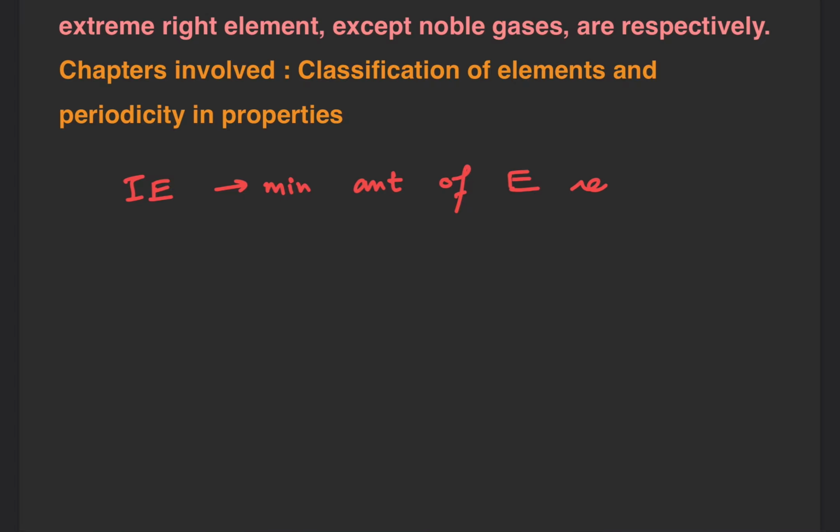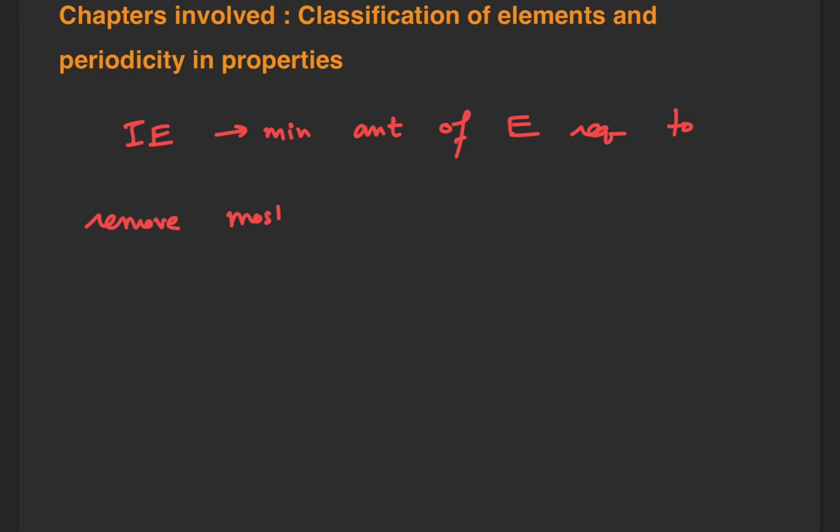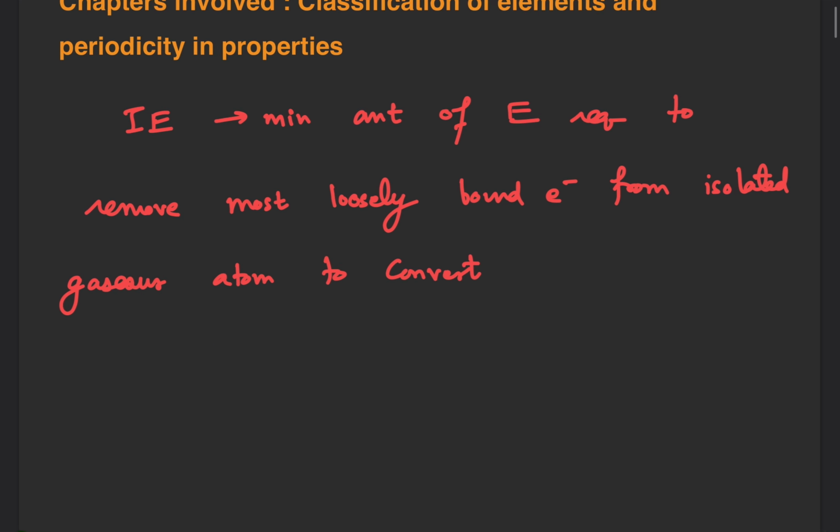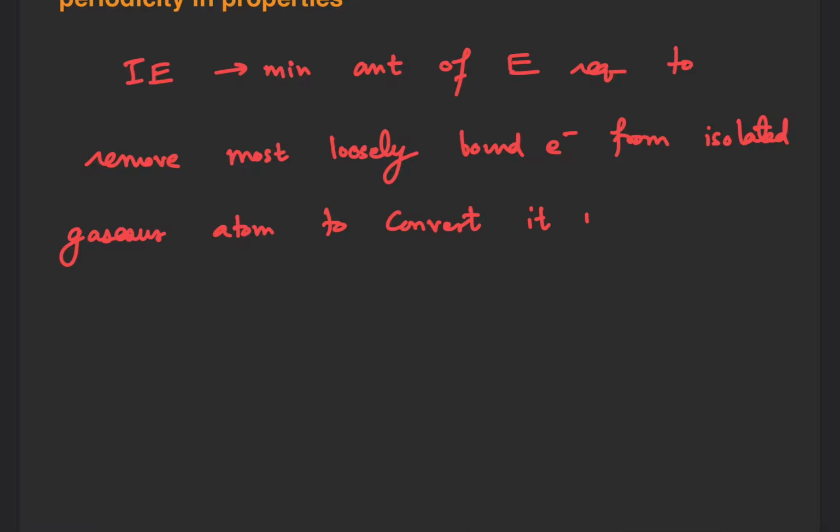Minimum amount of energy required to remove most loosely bound electron from isolated gaseous atom to convert it into gaseous cation.